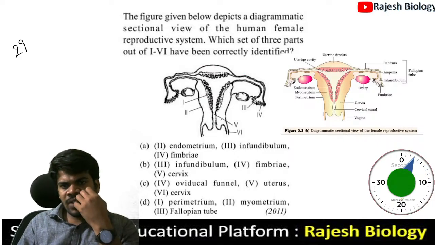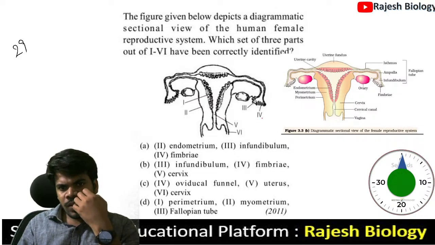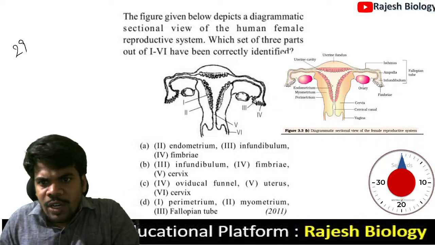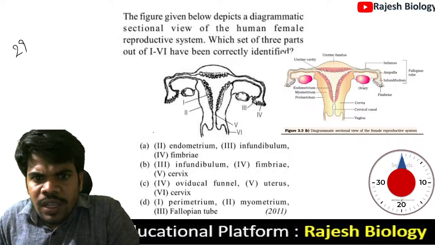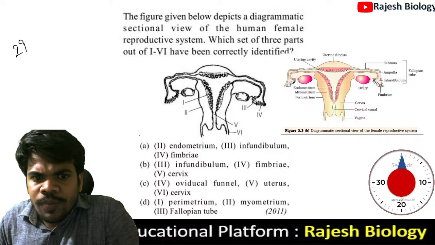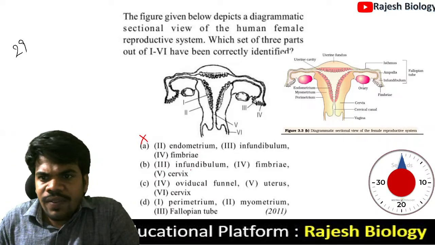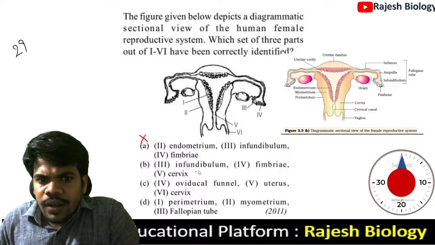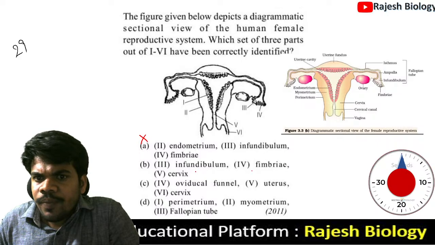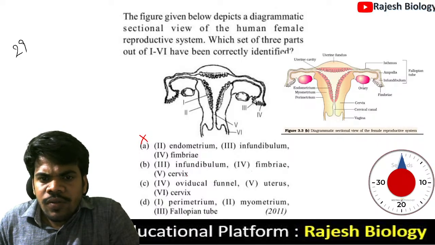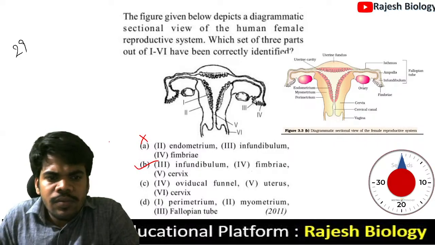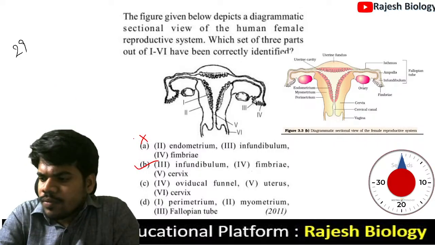So many are there, that's why I give the clue also. 1 is endometrium, right? But here they give that 2 is endometrium. 3 is infundibulum, right? And 4 is fimbriae, okay, right? 5 is cervix, right? B is correct.